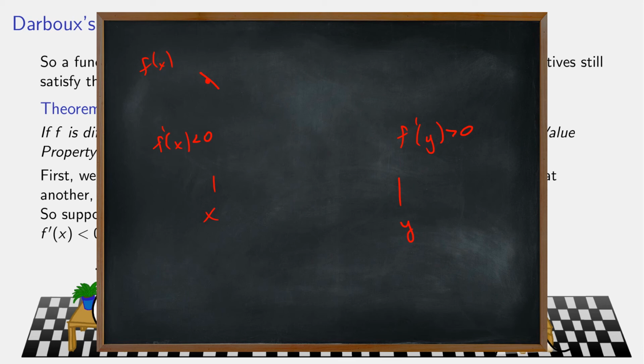And I don't know what height f of y is at, could be up here, but it has this positive tangent slope. Since here the function is decreasing, and since here it's increasing, what we need to argue is that somewhere in between it turned around and had a point that was a local minimum, and therefore, since the derivative is assumed to exist, the derivative there must be zero.